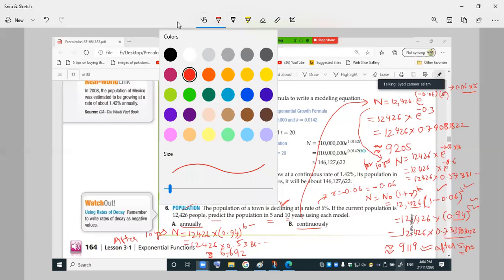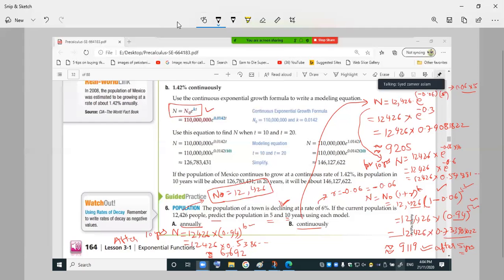I put a line under it so it is separated and nobody gets confused. You multiply this by 12,426, and you get 6,000 something.